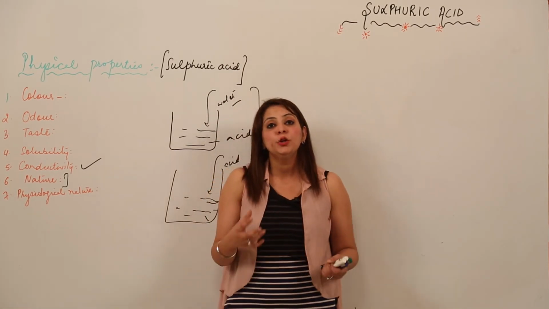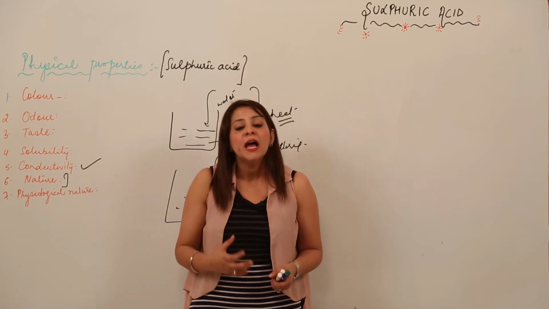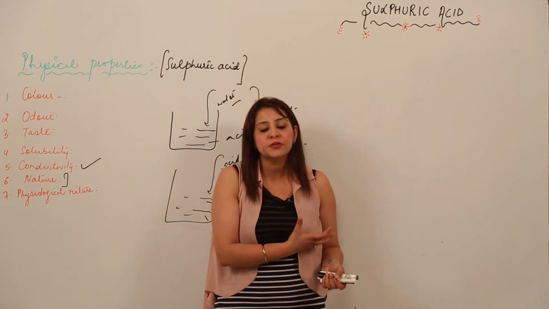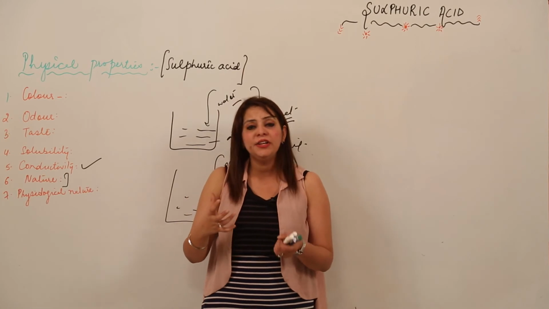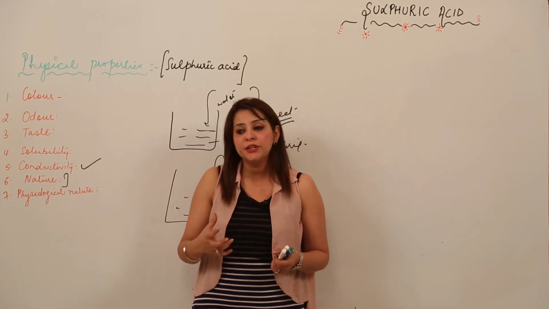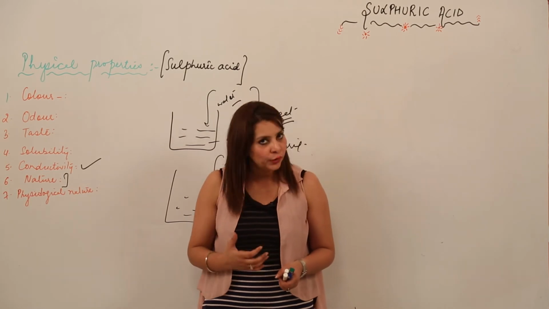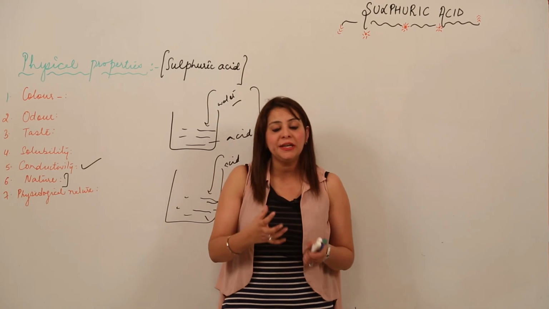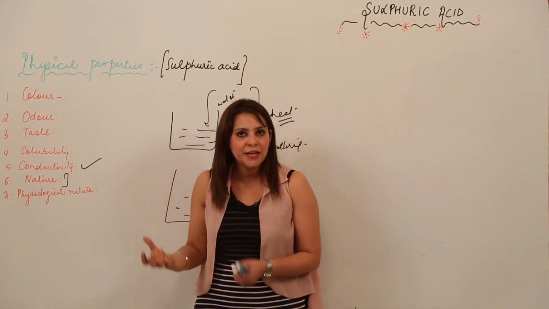Apart from that, it is hygroscopic in nature. That means it can absorb moisture, and due to this reason, as we did in various topics of chemistry, wherever we need a drying agent or wherever we need to extract moisture, we were using concentrated sulfuric acid, because the property of being hygroscopic makes it usable as a dehydrating agent, or you can say a drying agent.